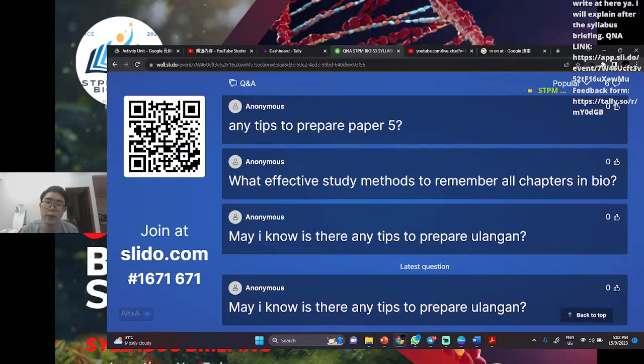So you can start preparing already. But as I said before, you have to focus on century first. Finish that, then focus on ulangan.